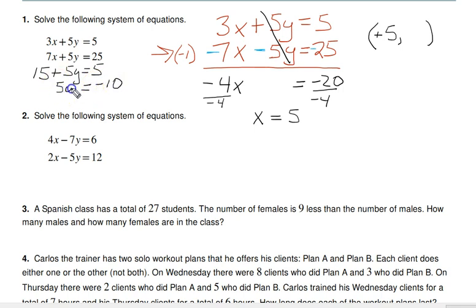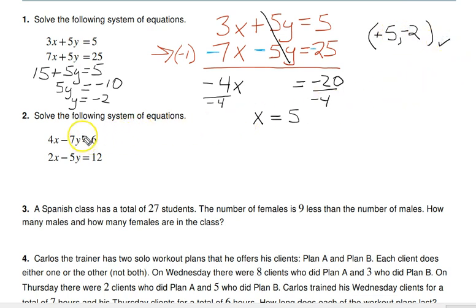And I have 5y equals negative 10. Divide both sides by 5. I get y is a negative 2. Now, if I were doing this on a test, I would take these values, put them in these equations, and then check to see that they are in fact a solution for both of them. And they are.